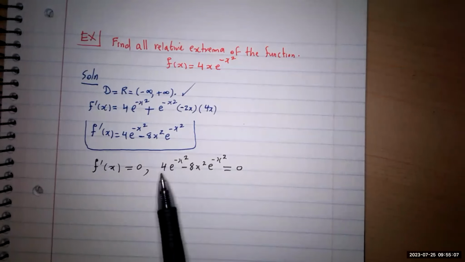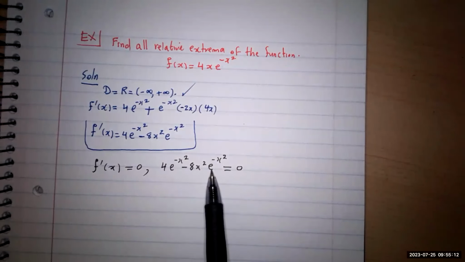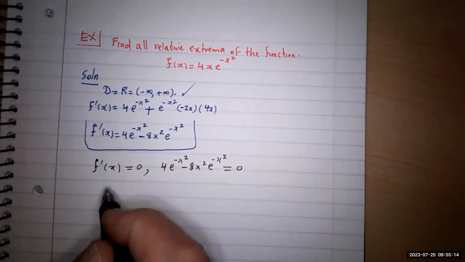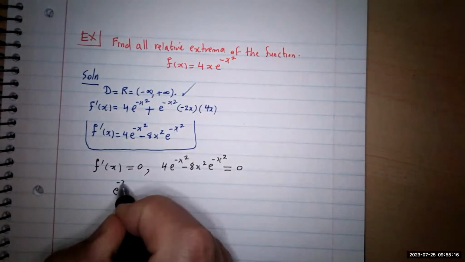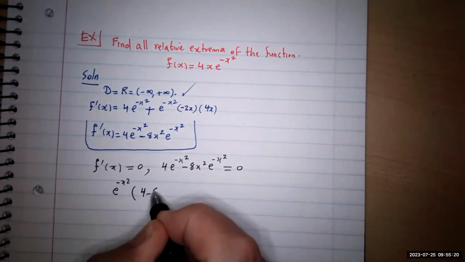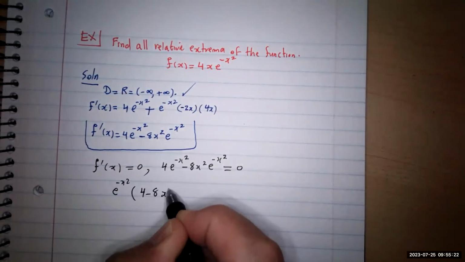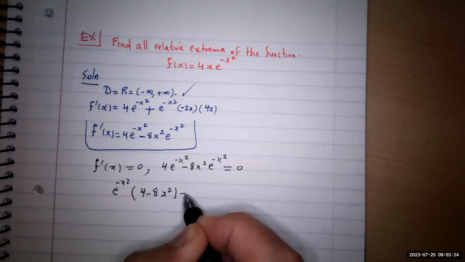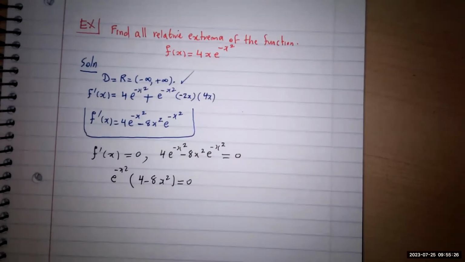There may be other terms to factor, it's up to you, but I usually only factor out e to the negative x squared. So the leftover is 4 minus 8x squared equals 0. Always factor out that exponential part.